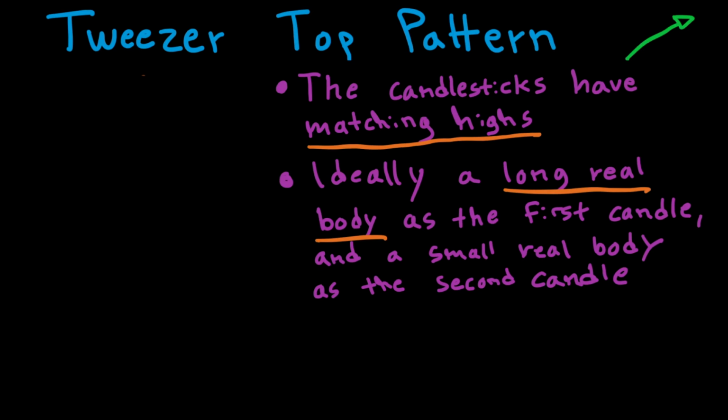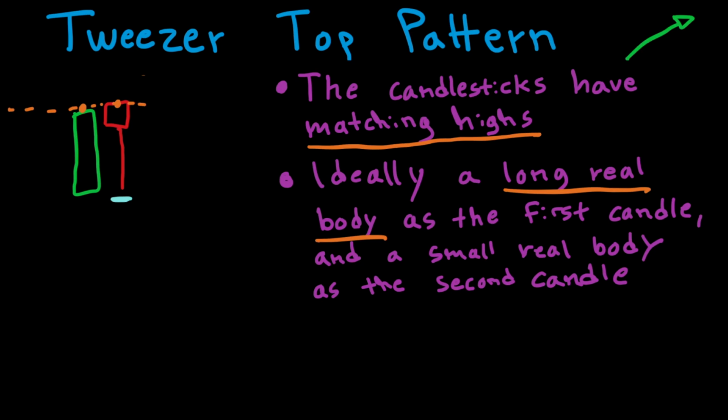We could have a strong first candle here, a strong green candle, followed by a candle that looks like this. You might be familiar with this candle. This one is actually a hanging man pattern. And the important thing here is that they have the same highs here, or at least my ambition was to draw them with the same highs.